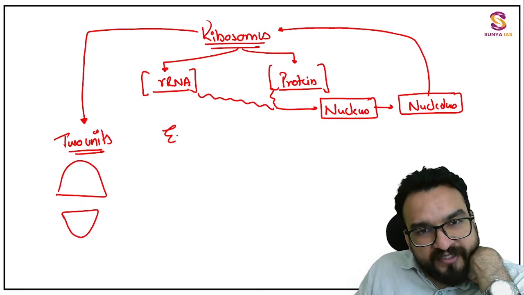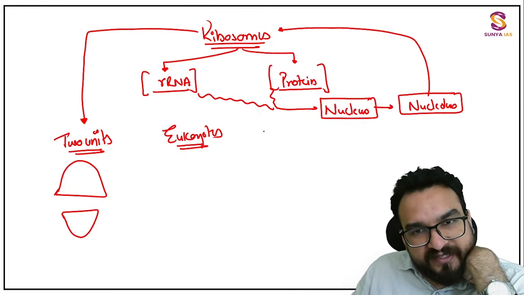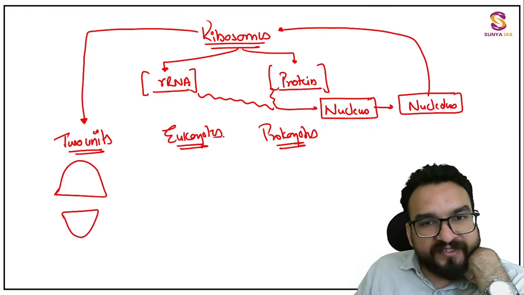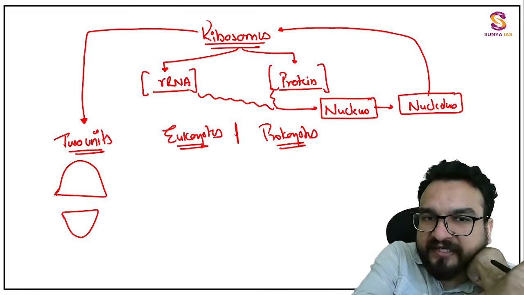What we have found is that in eukaryotes, in order to measure this ribosome, we have one unit, and there are different ribosomes present in eukaryotes and prokaryotes. That means one more difference I am telling you between eukaryotes and prokaryotes, which earlier I didn't tell you.